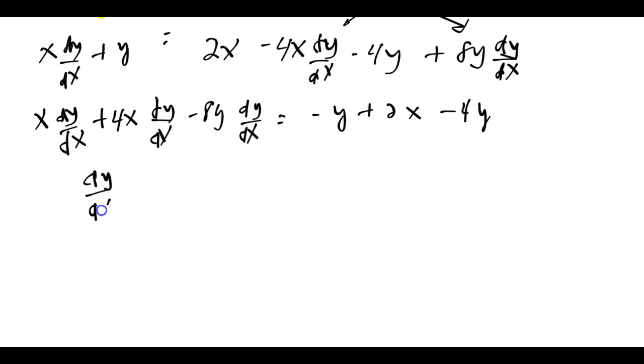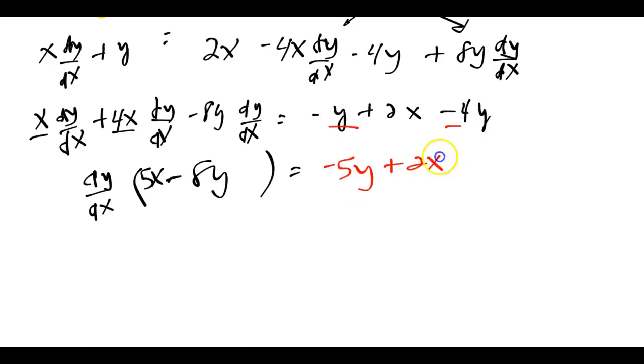So dy/dx gets factored out. x plus 4x is 5x, minus 8y. Oh, cleaned up a little bit. Oh, I can combine over here. The negative y, and maybe I should have done that earlier, negative 5y plus 2x gets divided by 5x minus 8y. And that might be the derivative.